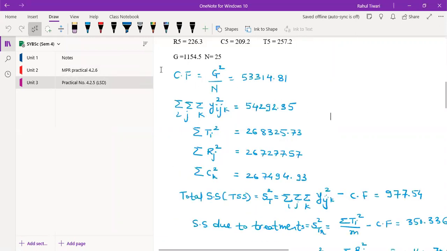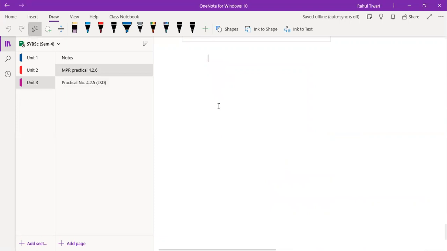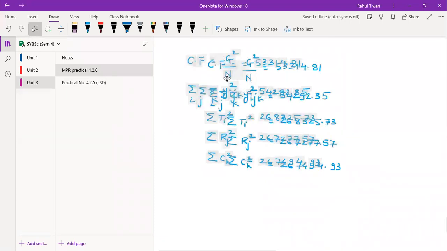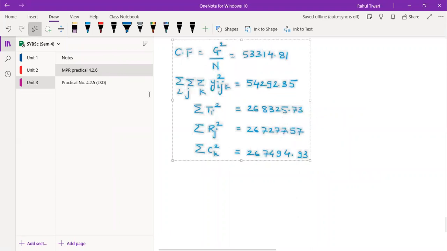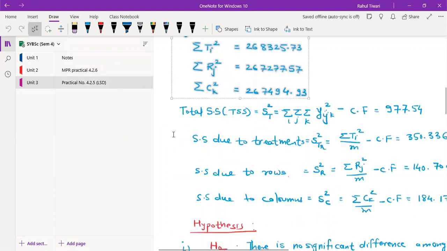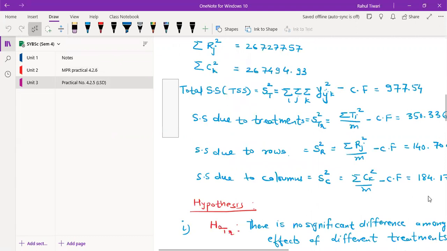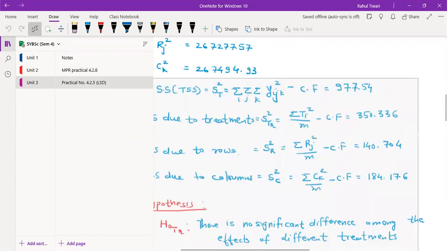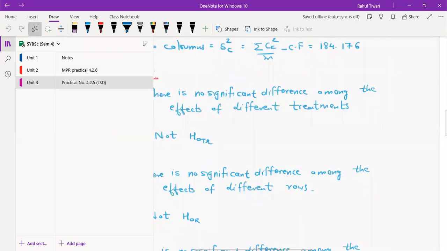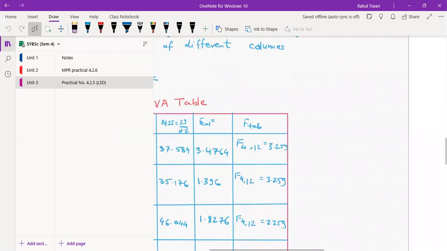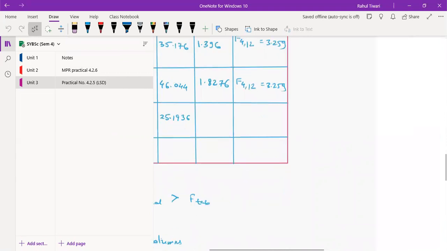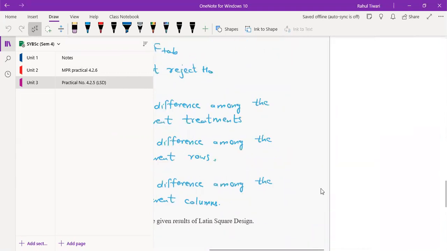Then you need to obtain all the corrections, everything. Then you need to define all the sums of squares, totals, and so on, till here.